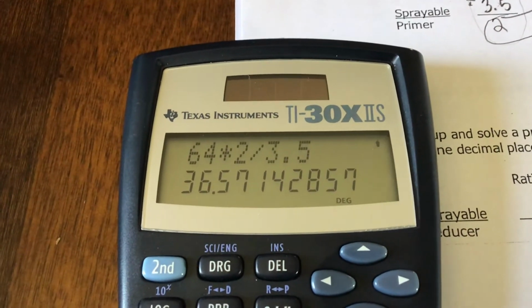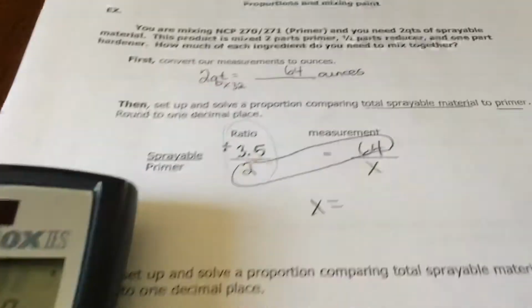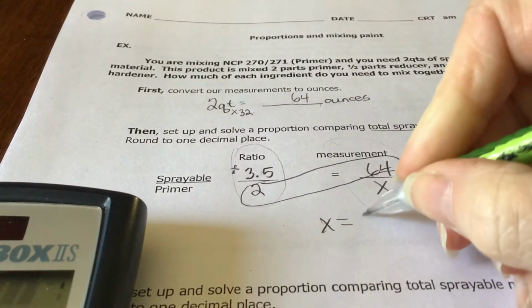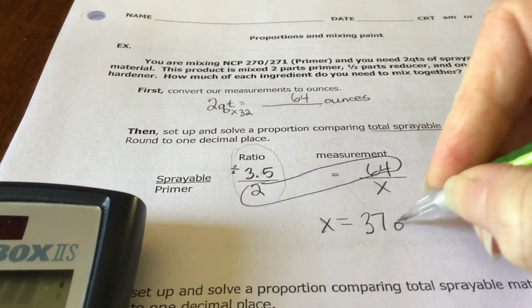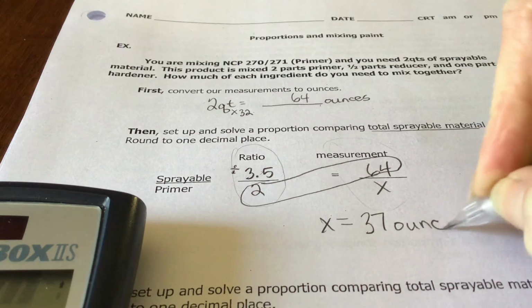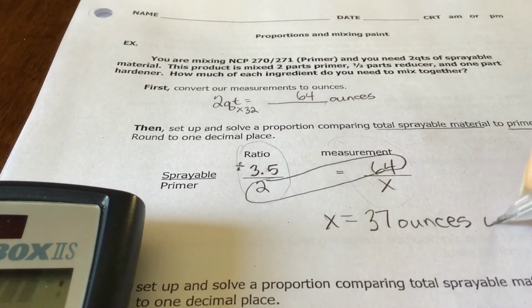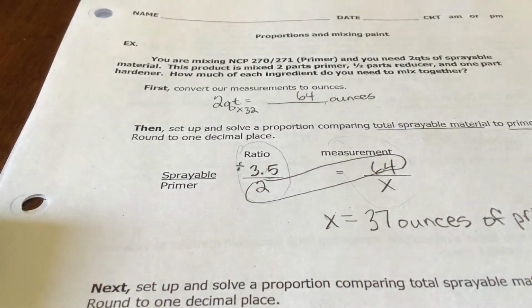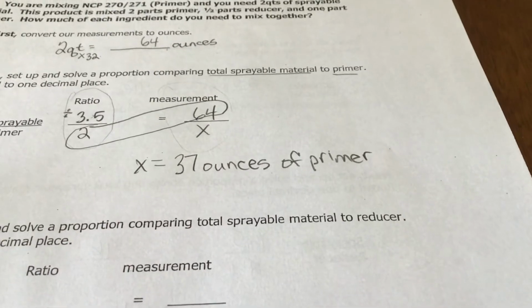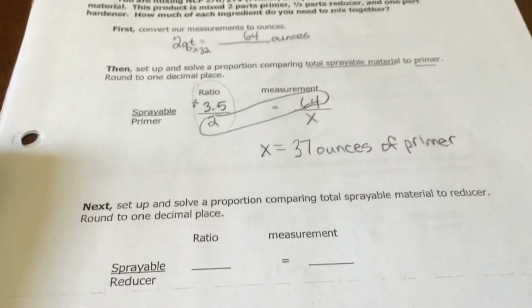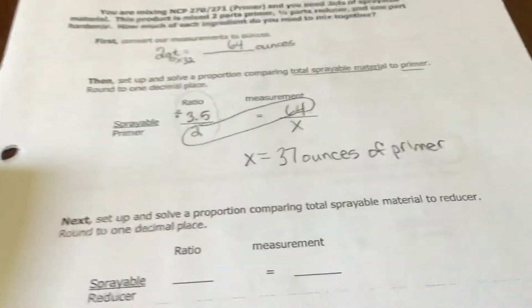So my nearest whole number would be 37, right? So we need 37 ounces of primer. That's what the second part actually solves.